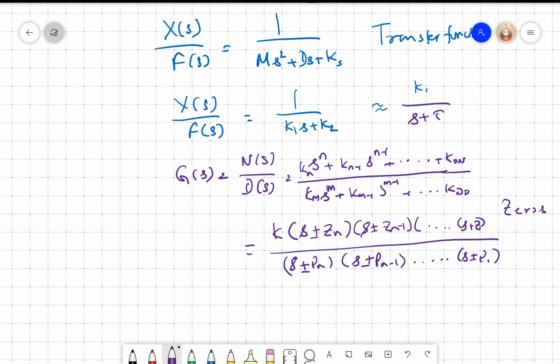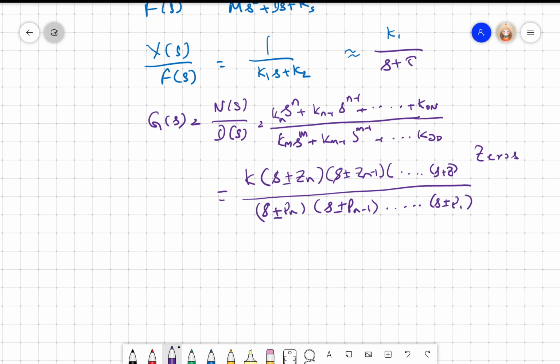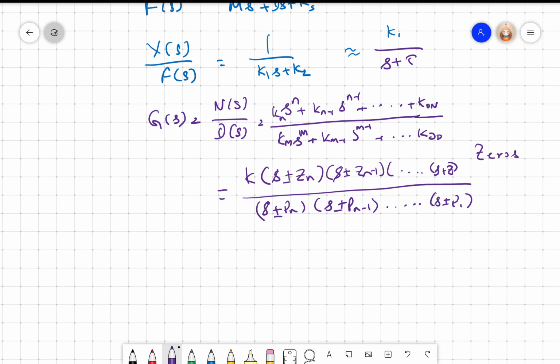Similarly, when s is equal to the negative of pn, then the value goes to infinity. We call these poles. So a transfer function, depending upon the numerator and the denominator, has zeros and poles.